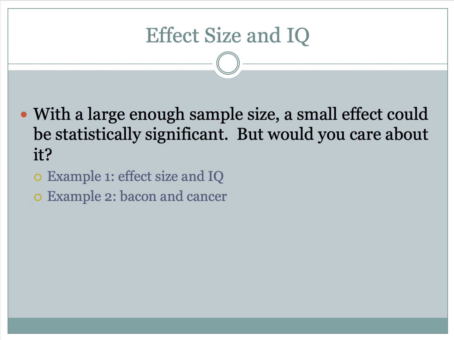We want that next piece of, yeah, but how much of a difference? How much of an impact did this variable have on whatever we're measuring, right? Should we care about it is really that effect size piece. Not just, is there a difference between my groups, but is it enough of a difference that I should care about it? Let's go over a couple of examples of this so you can see what I'm talking about.